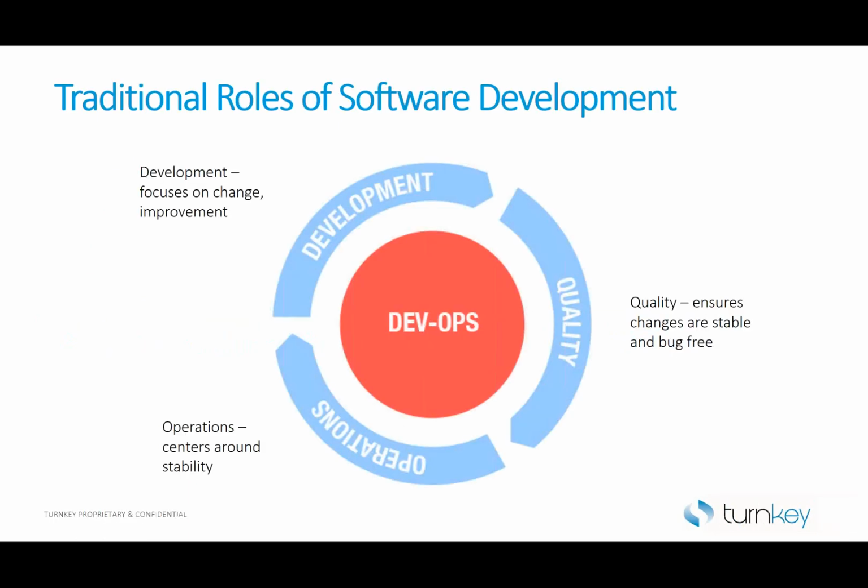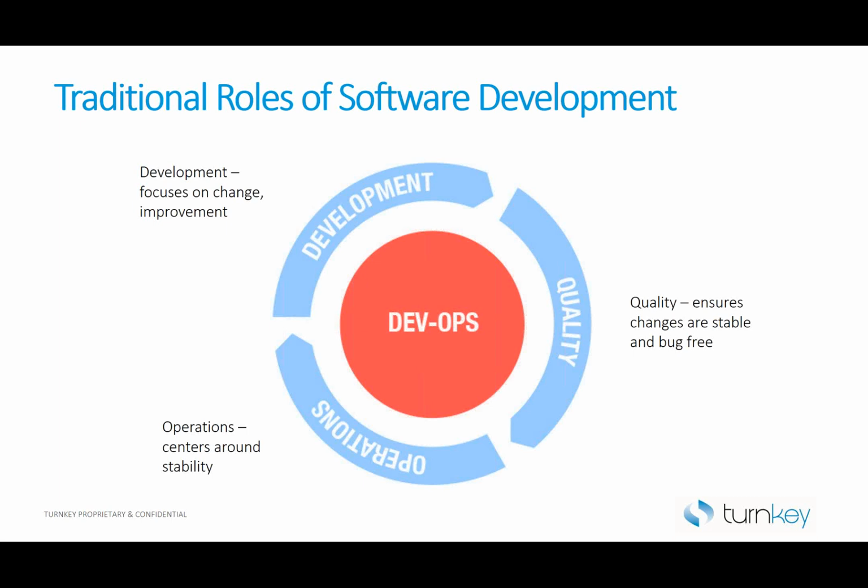So if you look at the traditional roles of software development, you've got, of course, the development people. They're focused on new application development, change, improvement, the hardcore development. Quality is then typically handed off that work, and their job is to ensure changes are stable, bug-free, that the application works as expected, and that it won't result in production outages, bad customer experience, et cetera.